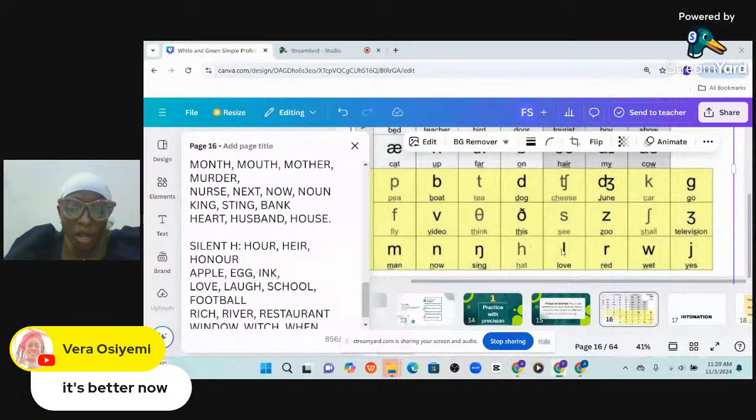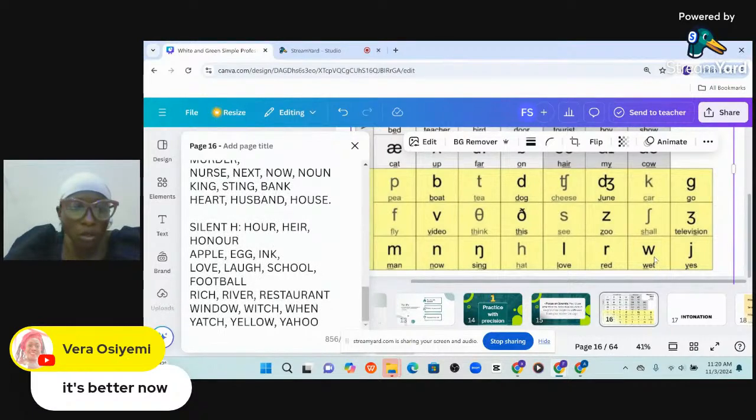The next sound: love, laugh, school, rich, river, restaurant, window, which, when, yacht. The CH is silent. Yellow, Yahoo. So we have successfully gone through all the consonant sounds, all the 24 consonant sounds.